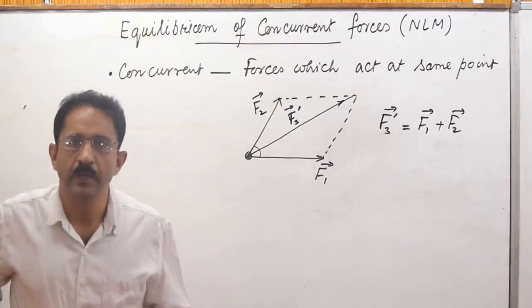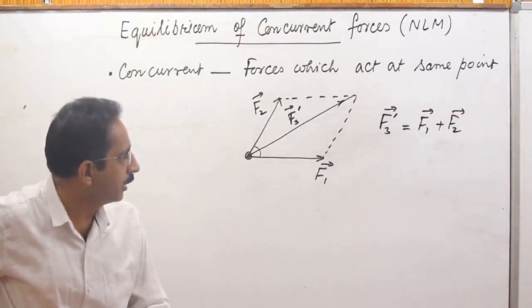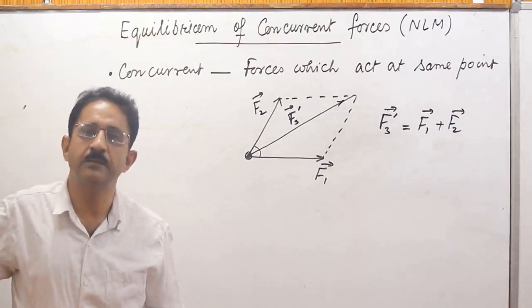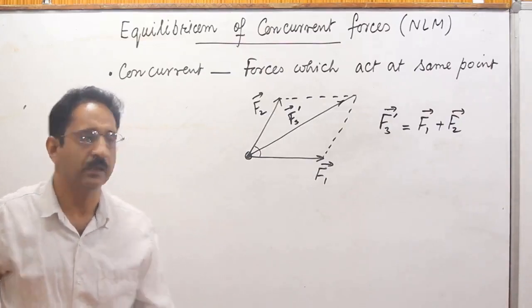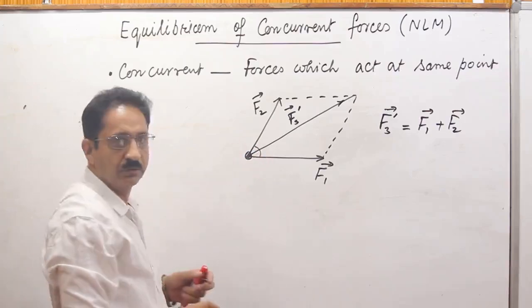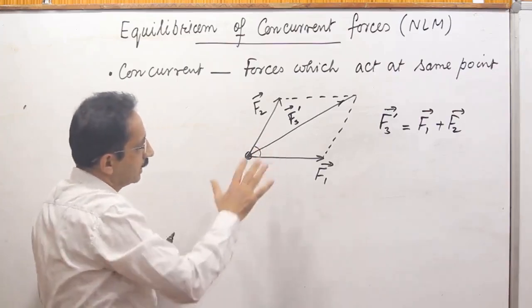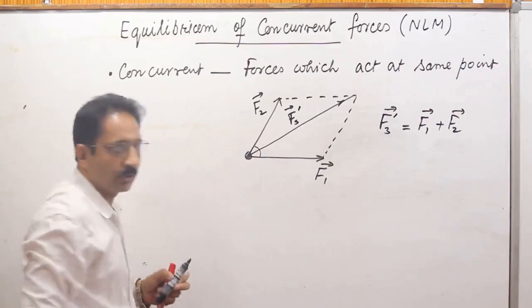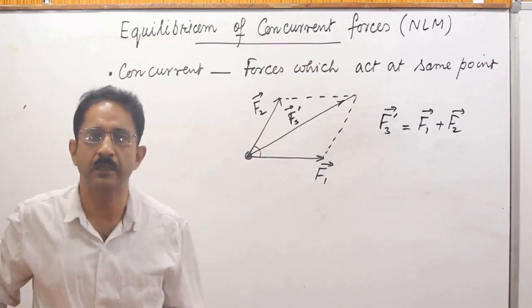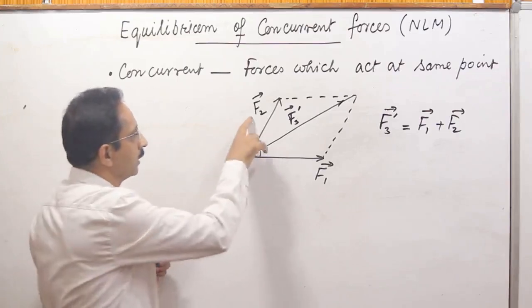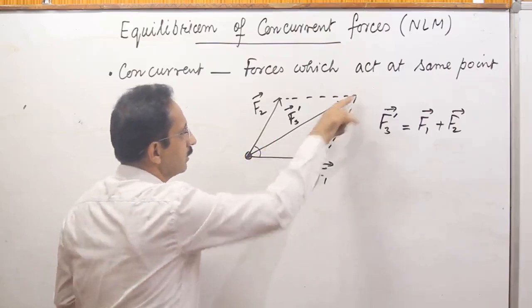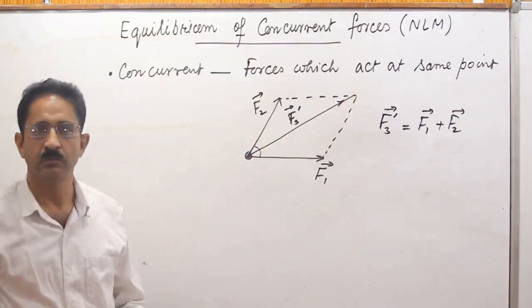Its magnitude will be under root of F1 square plus F2 square plus twice F1 F2 cos theta. Theta is this angle between the two. Now as a simple application, if two forces F1 and F2 act on the particle in this way, then the actual motion of the particle will be along this direction, the resultant of these two.